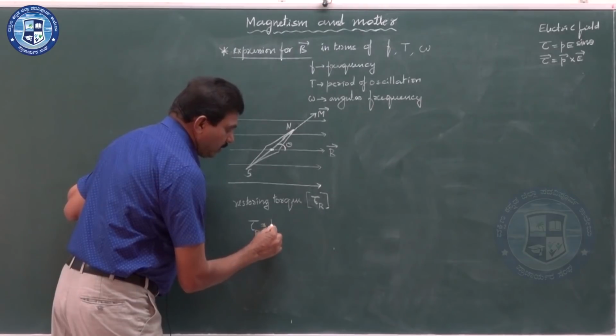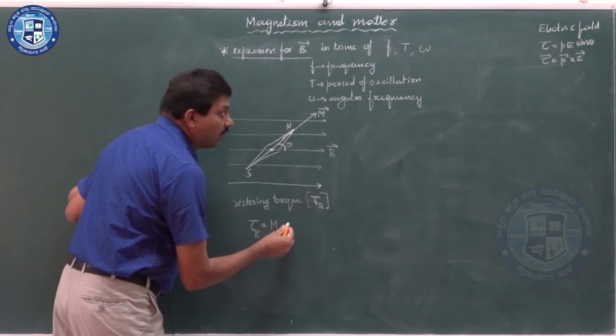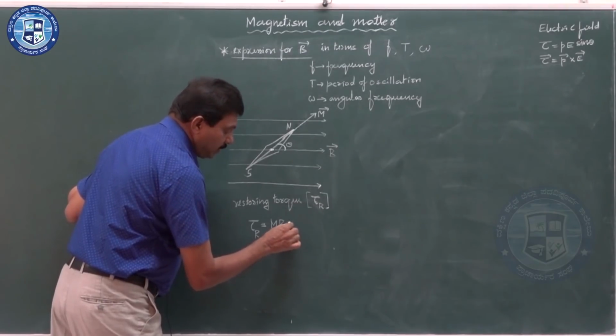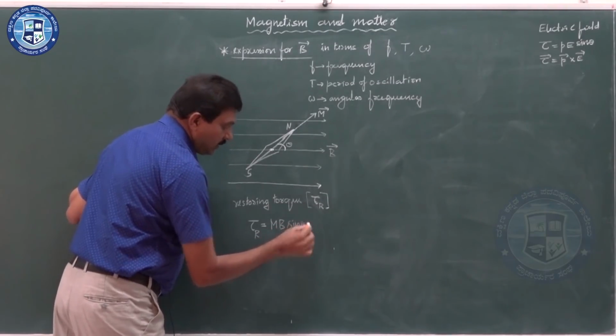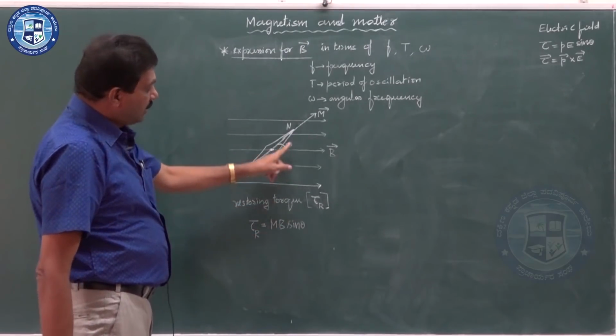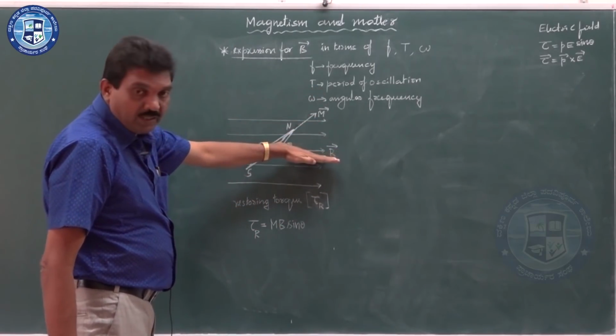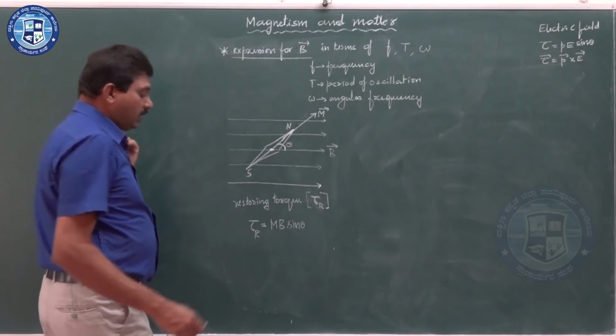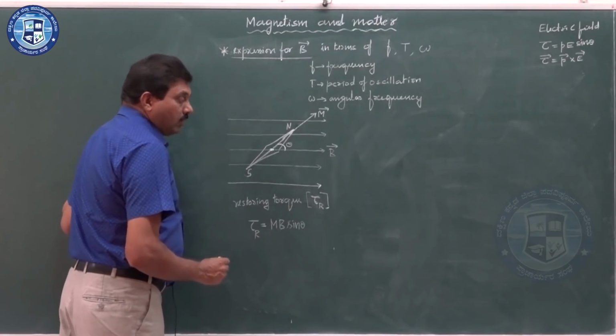Instead of P, I have to consider M, instead of E, I have to consider B: M B sin theta. Where theta is the angle between magnetic moment vector and magnetic field vector, and it is the sine of that angle. So, it is the restoring torque.